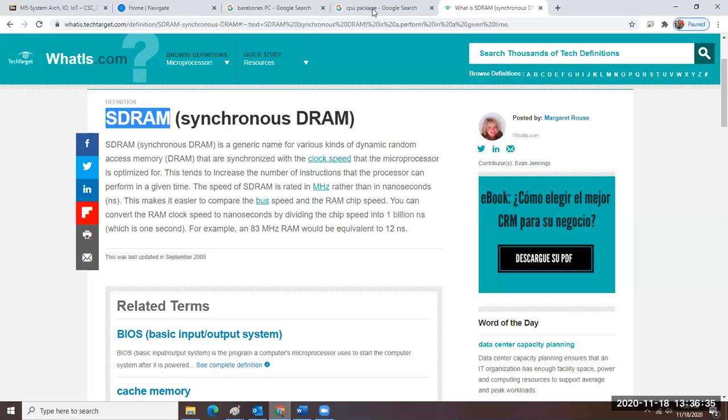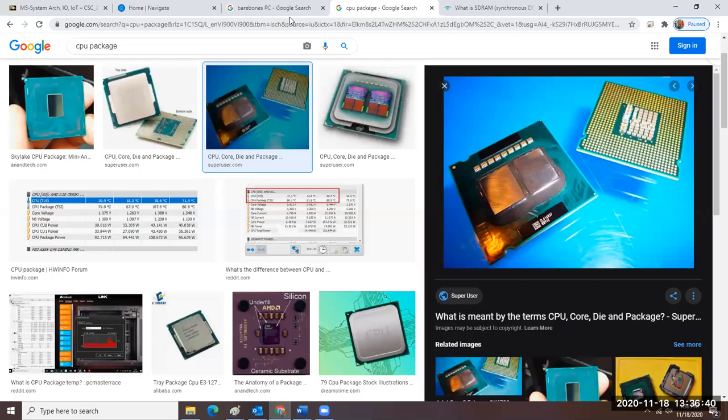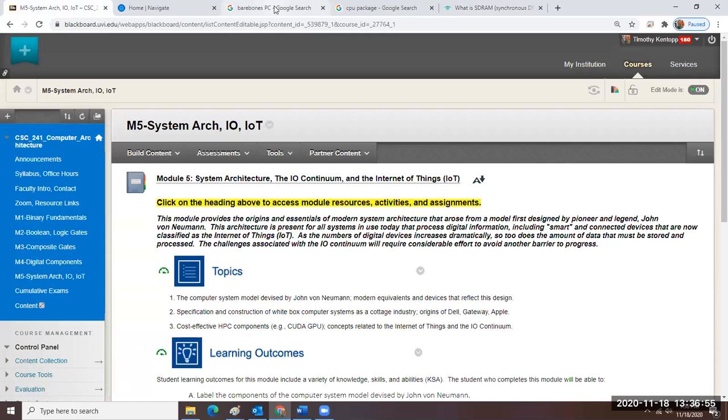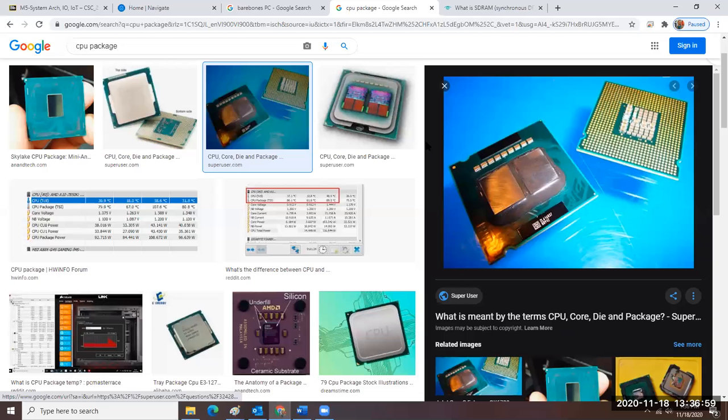See, I'm just teaching class here, and I have five tabs open. Who has more than 20 tabs open on their system right now? I've less than 20, more like 10. Okay. 10 tabs probably.